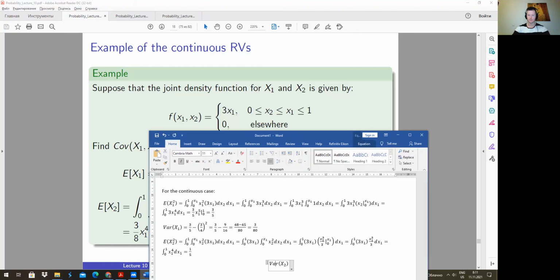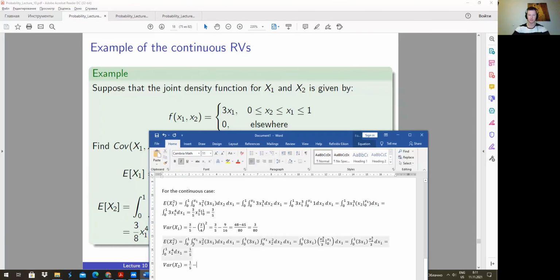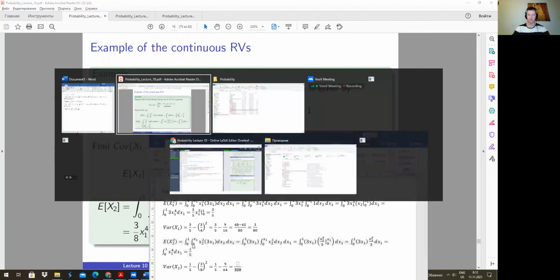So the variance of x2 is 1 over 5 minus the expectation of x2 squared, which is 3 over 8 squared. And this is 1 over 5 minus 9 over 64. The denominator is going to be 320, I guess.